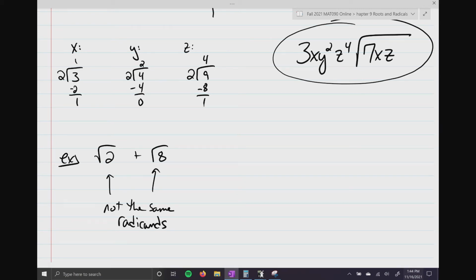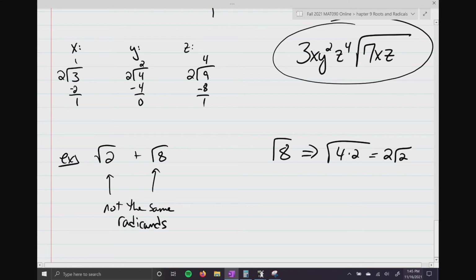However, we know the square root of 8 is really 4 times 2. And the square root of 4 is 2. And then the square root of 2 stays the same. So we can rewrite the problem as the square root of 2 plus 2 square roots of 2.